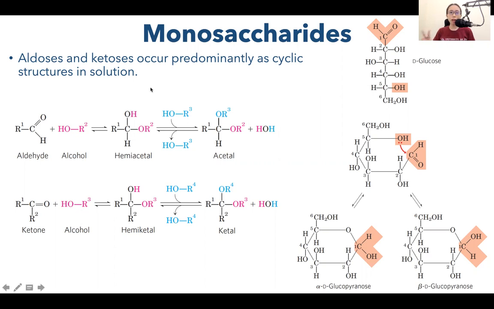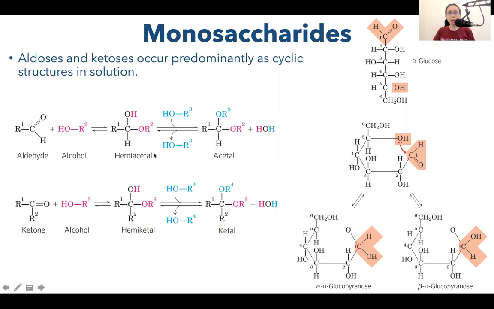So there are two alcohol molecules that can add to a carbonyl carbon. For example, if we have here an aldehyde functional group, the first alcohol can add to this carbonyl carbon, creating what is called a hemiacetal.